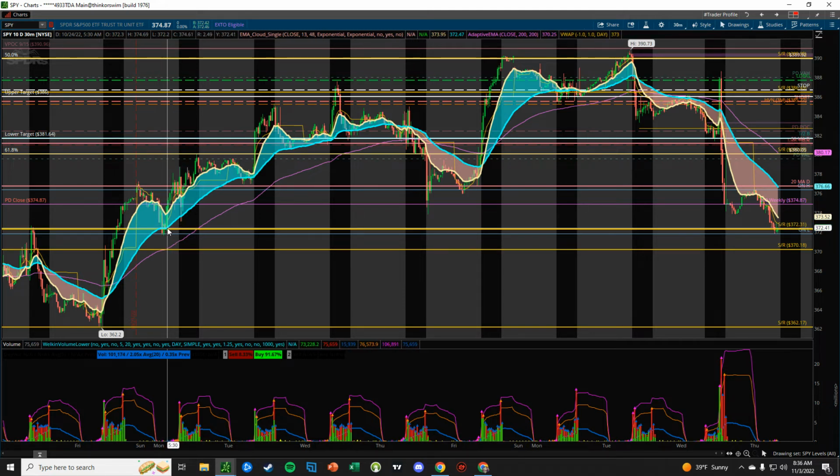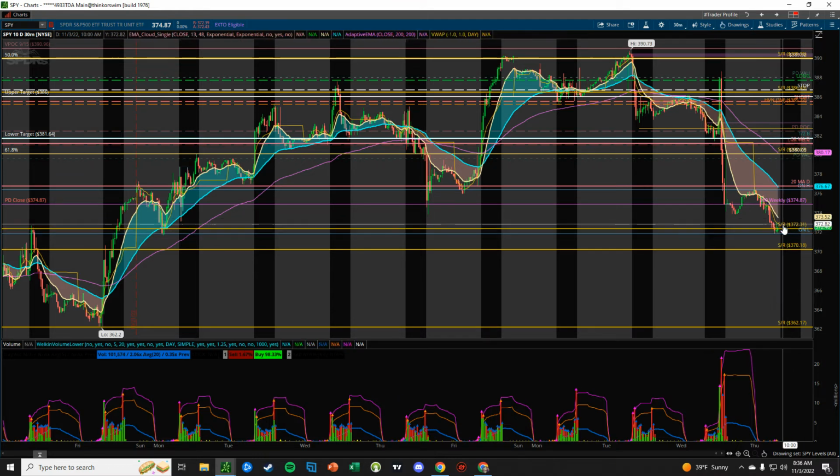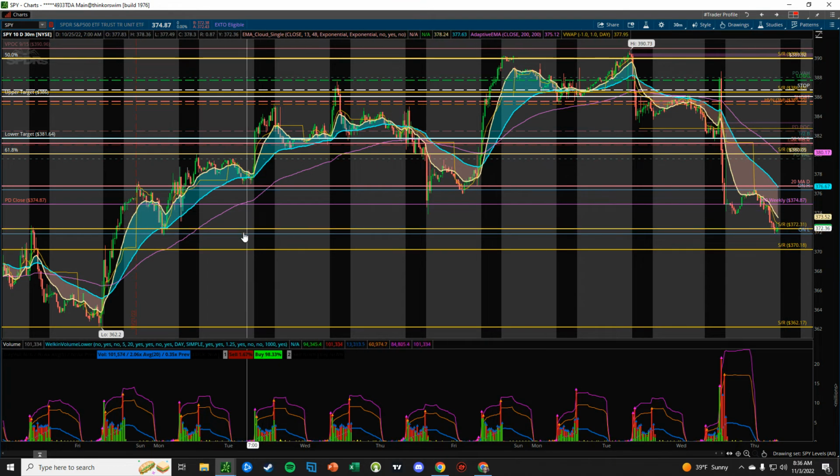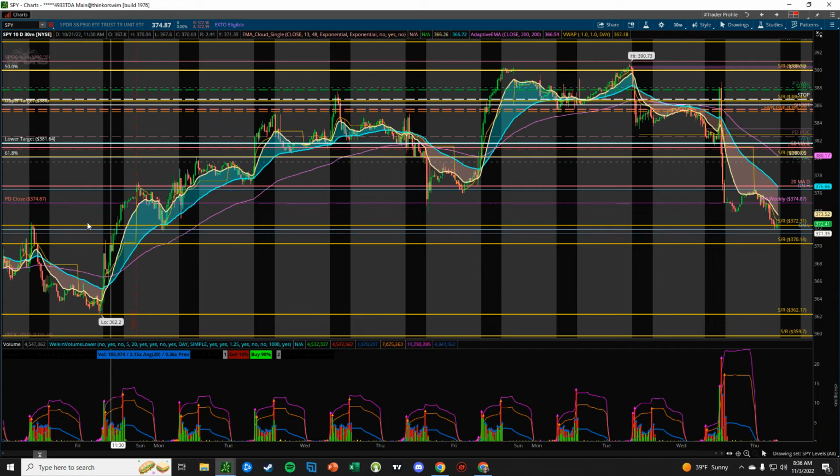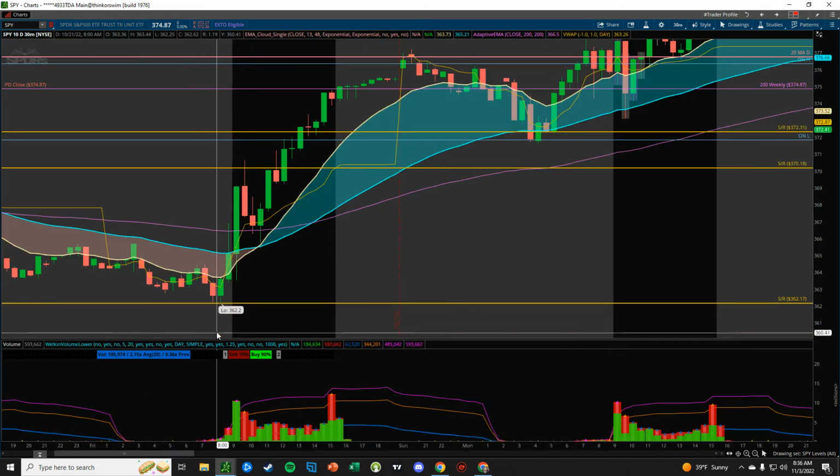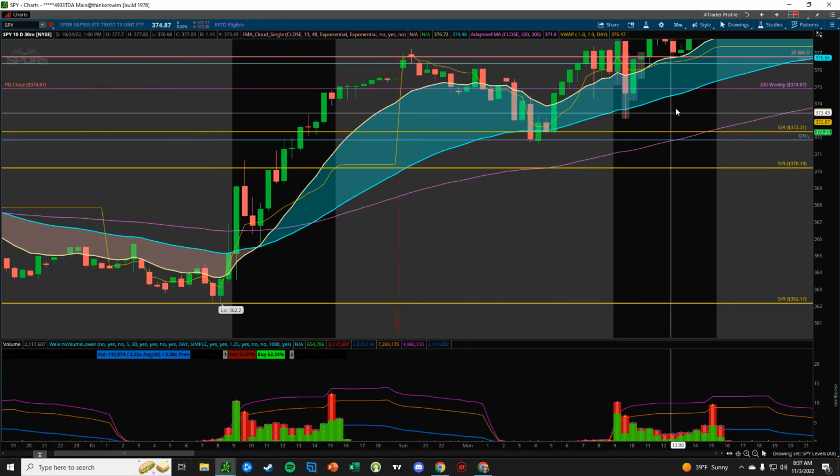Maybe. That one's going to be a little bit tough. We already have kind of pushed through it, but it does seem like there's some support forming on the overnight low. We are going to go ahead and mark that off just in case it's important.